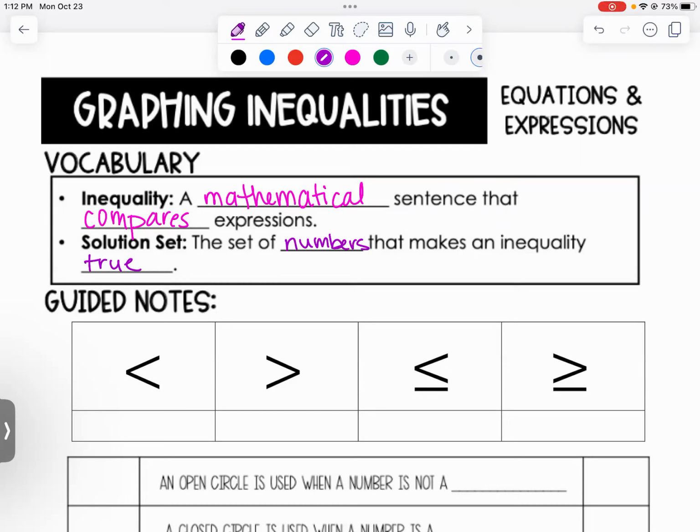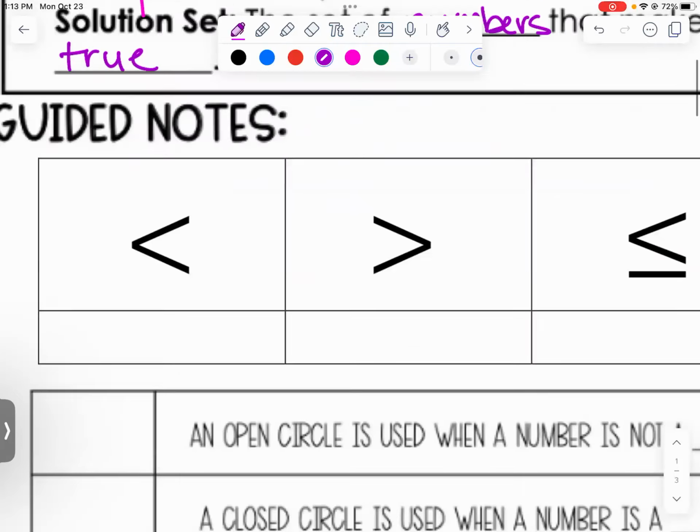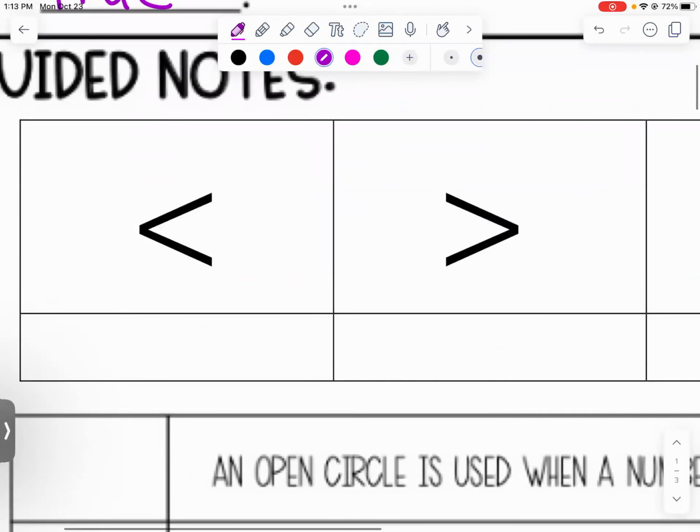Give me a thumbs up if you have seen these symbols before. Awesome. I need you to make sure that you understand what they mean. Greater than, less than.